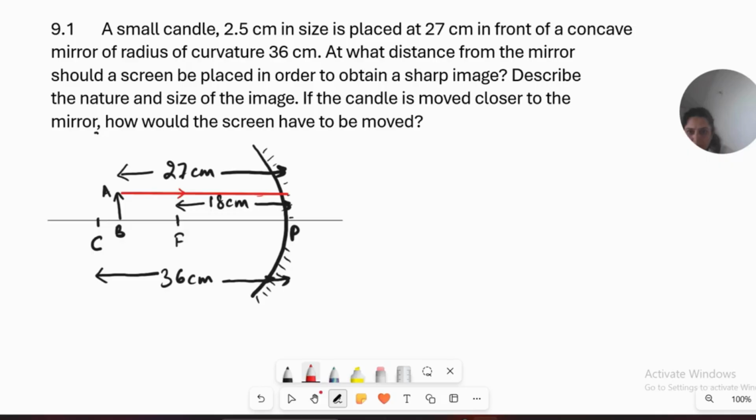It is reflected back coming from focus. The other ray will fall on point P and follow the law of reflection, and angle of incidence will be equal to angle of reflection. This is angle i equal to angle r. And this ray will touch the original first ray at this point, and there will form an image like this.